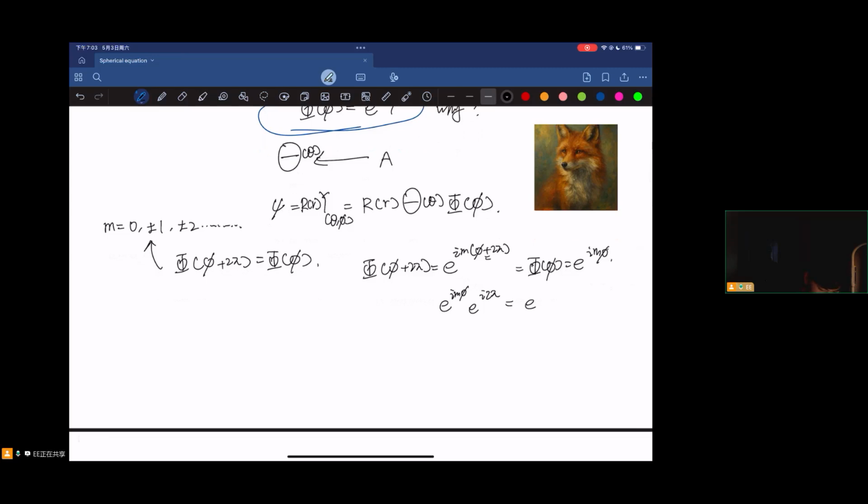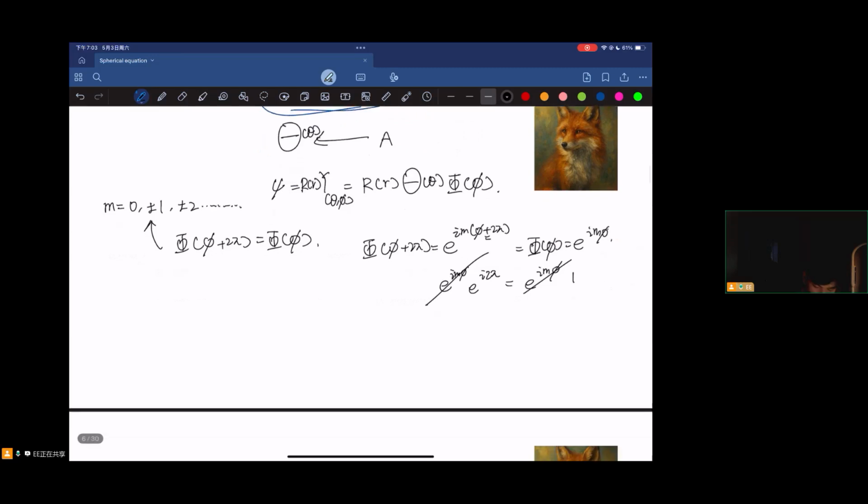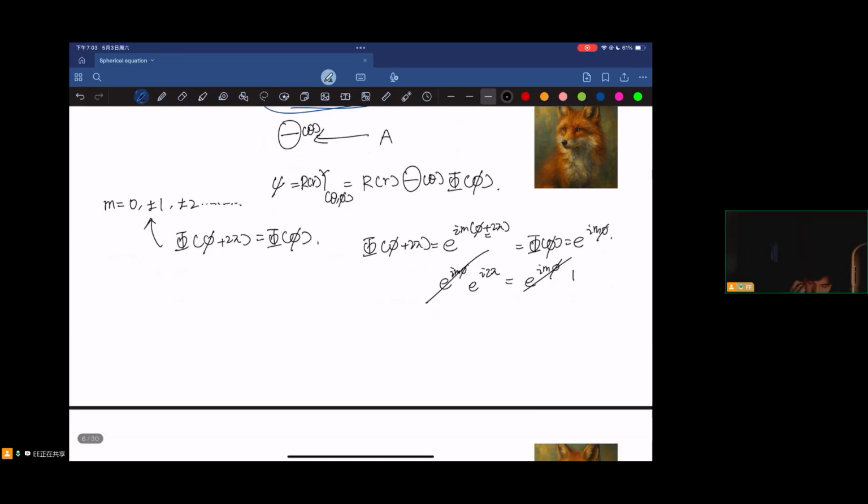This is the property of exponential. And then if I cancel out, this will be 1, so e to the 2 pi i m. Now, if we solve for the value of m, we'll find that m has to be an integer, right? Because if you have taken the course on complex variables, then you know the solution for this equation would be an integer.